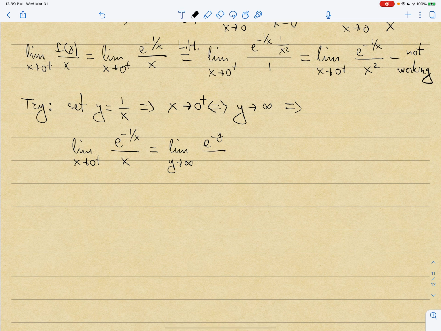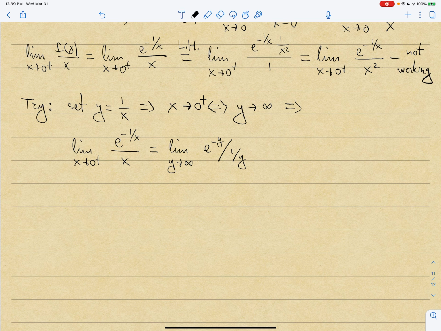And then what about x? If y is 1 over x, x is 1 over y, so we have e to the minus y, and we're dividing it by 1 over y, right?